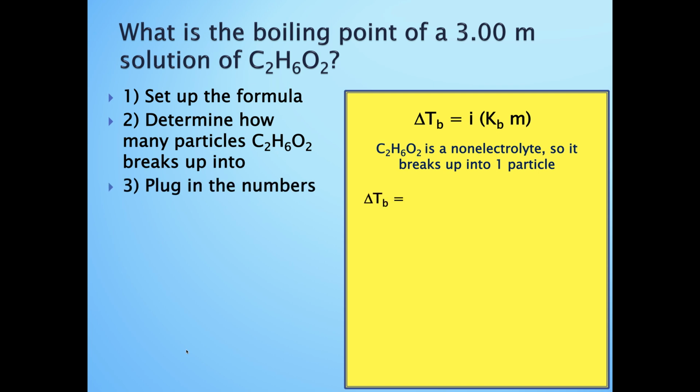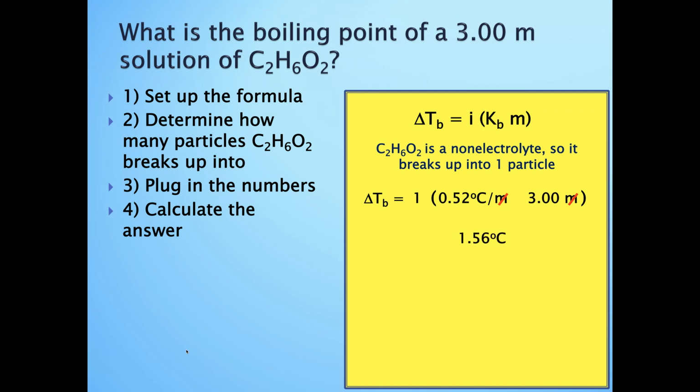So let's substitute in the numbers. There's one dissolved mole of particles, times the boiling point elevation constant, 0.52 degrees Celsius per molal, and our concentration is 3 molal. If we multiply it across, molal cancels out and gives us 1.56 degrees Celsius.